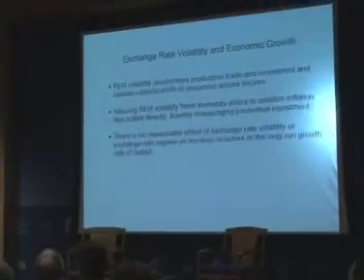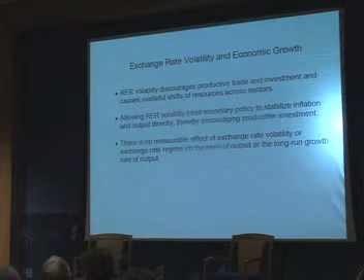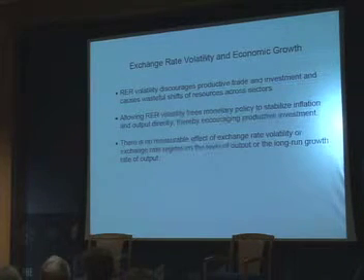So if you are going to set up trade with another country with a floating exchange rate, you don't know in the future what you're going to be able to sell your goods for, or what your investment's going to return to you. And so that risk might discourage productive trade and investment across countries.